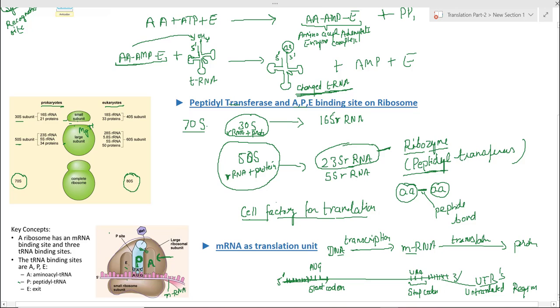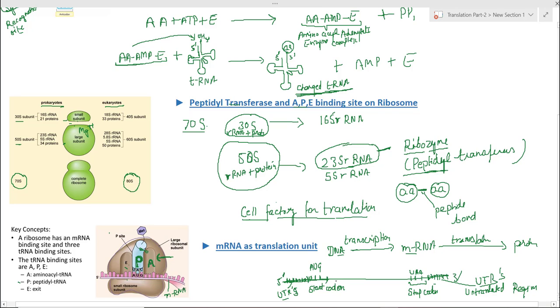This is present after the stop codon on the 3' site and before the start codon at the 5' site. These untranslated regions actually help in the process of efficient translation. These sites are important for that, the UTR at the 5' end and the UTR at the 3' site.